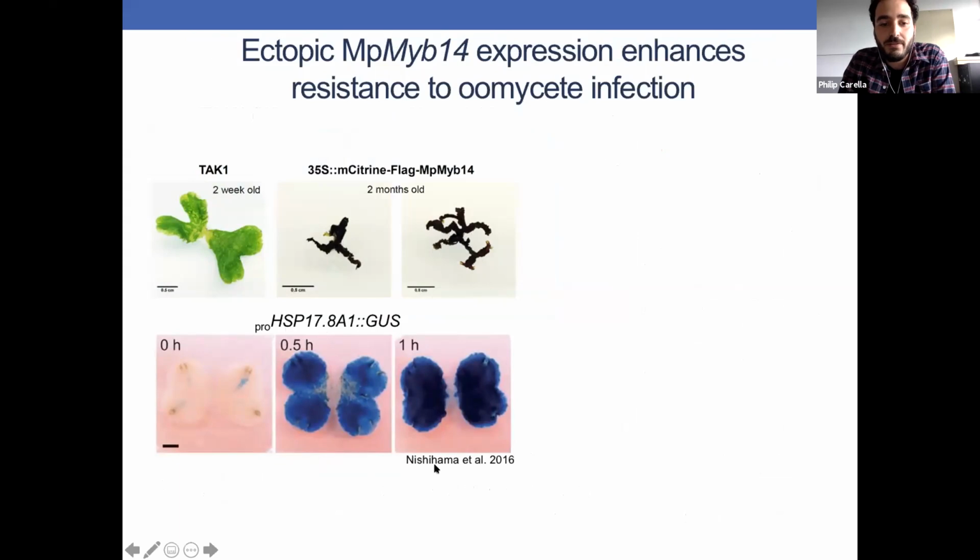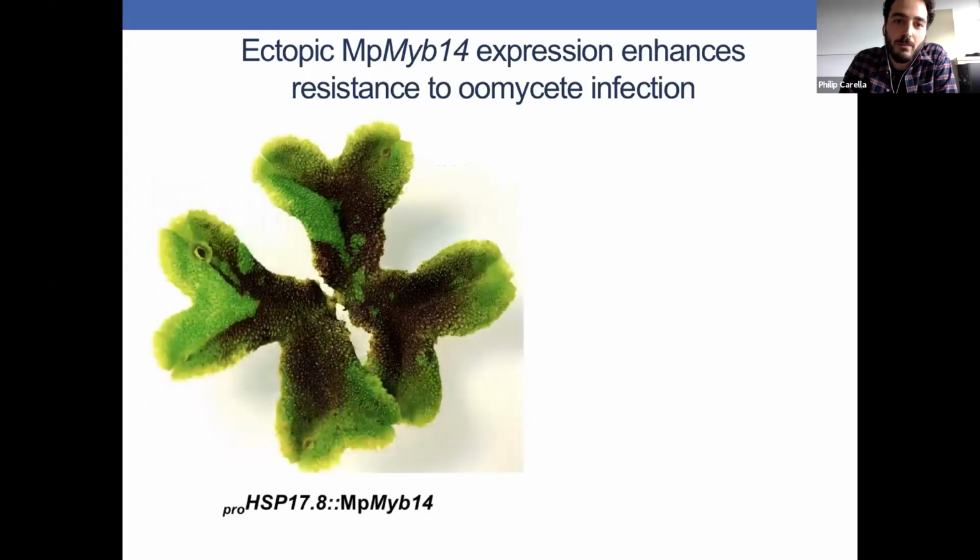And in our conditions, in our hands, this just didn't work the way that we expected, but it worked in quite a wonderful way, let's say, where we saw just spurious activation of the heat shock promoter, but it resulted in these sectors of pigmented versus unpigmented cells.